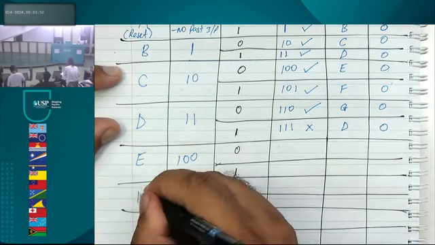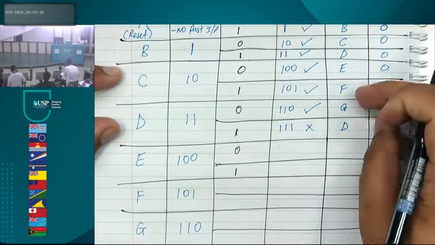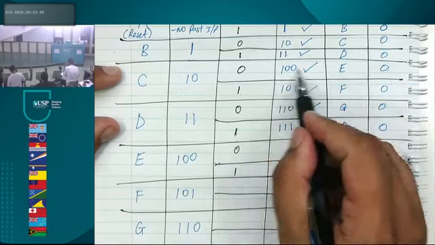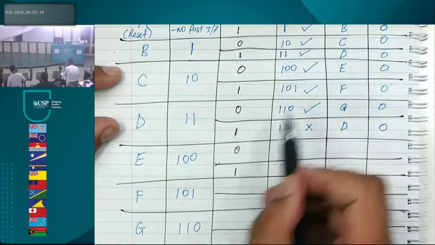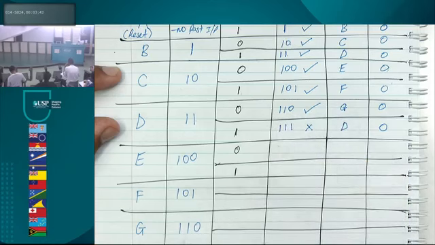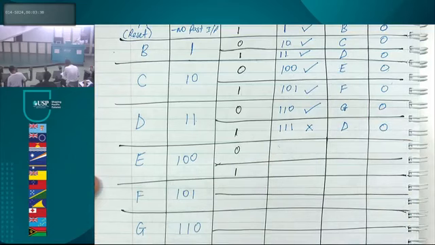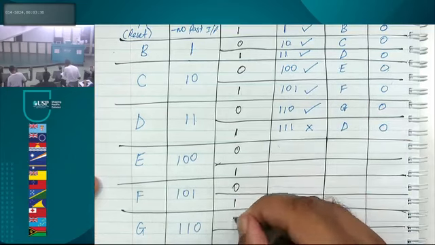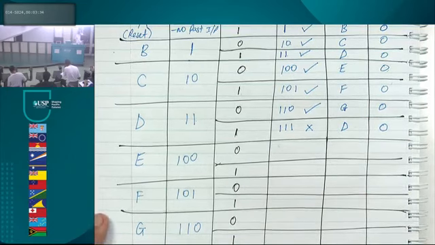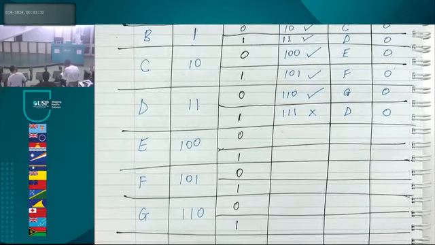So E, F, G. Well, there we go. E, 1, 0, 0, F, 1, 0, 1, G, 1, 1, 0. So that's where we get the numbering from. E is there, F, G. Right, so let me fill up this table, 0, 1, 0, 1. All right? Okay.